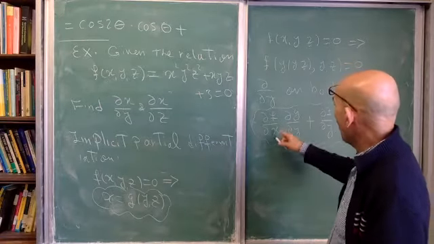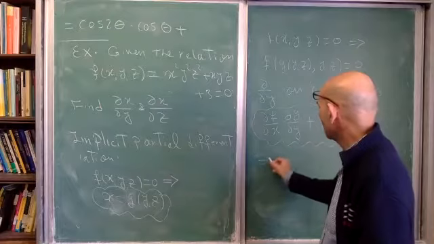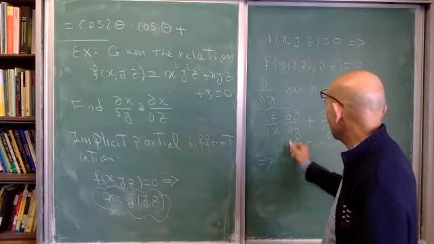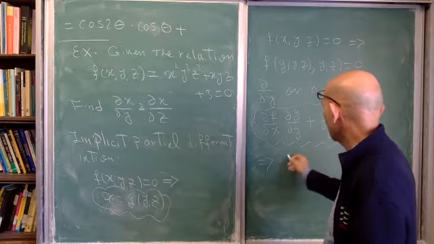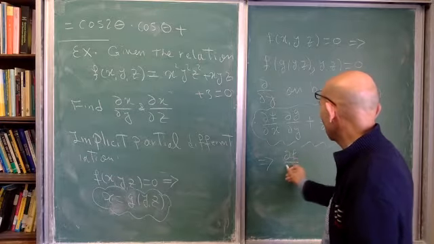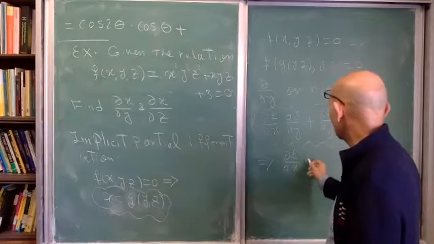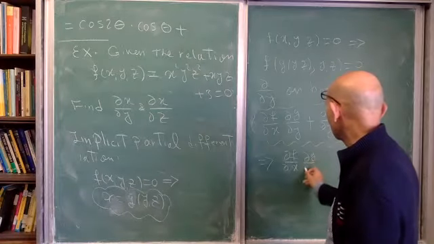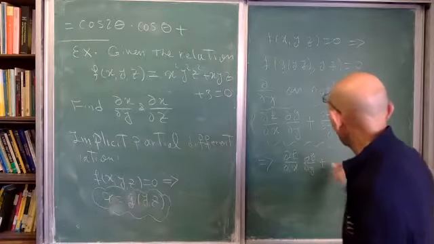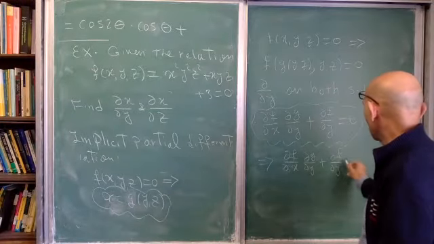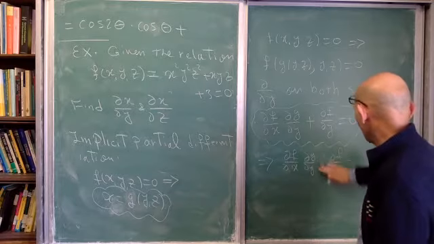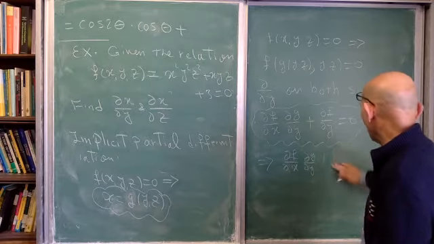Okay, so from here we get that, let me write it like this: df dx, dg dy, plus df dy. I mean, this is equal to minus df dy.